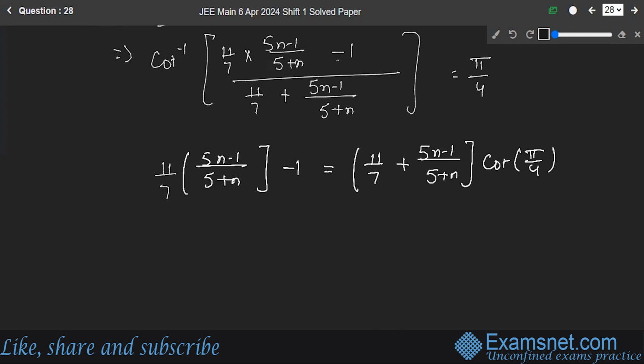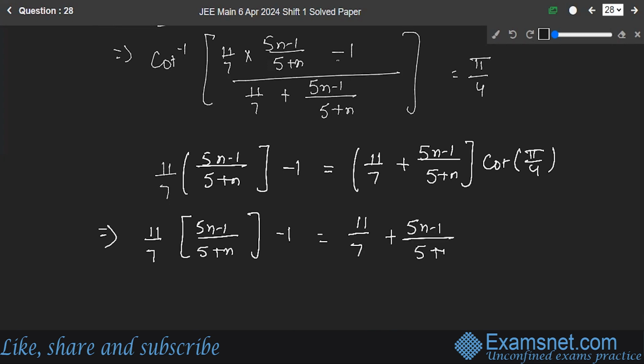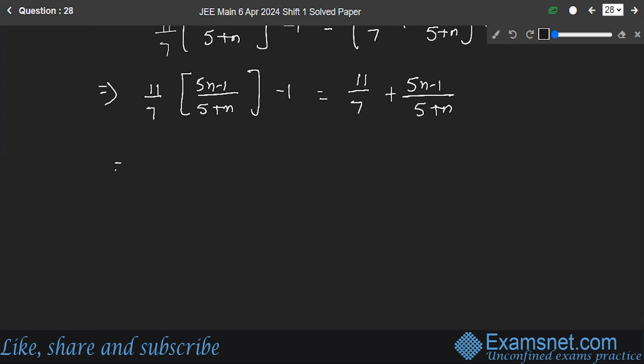You know cot of pi by 4 is equal to 1. So you will have here 11 by 7, this upon this, minus 1 is equal to this value, right?